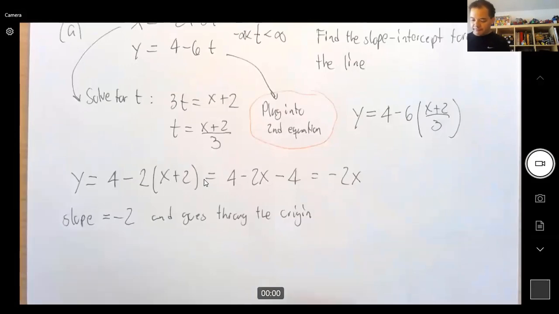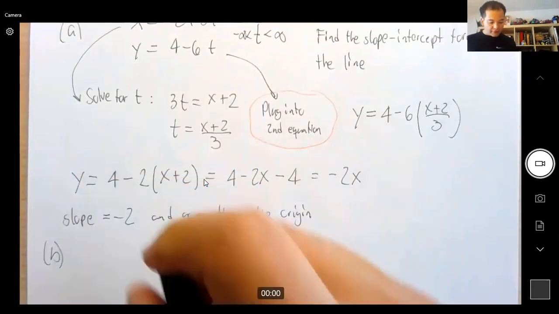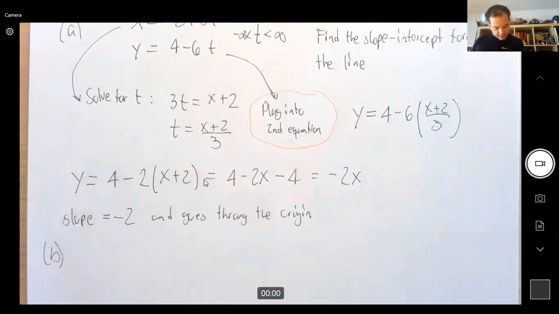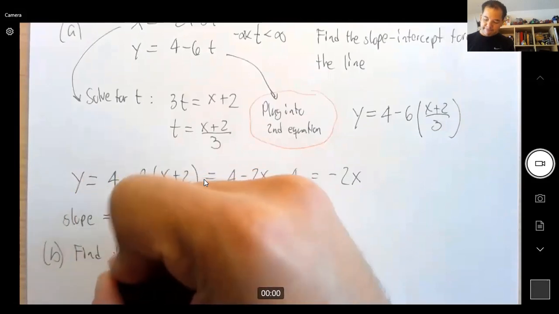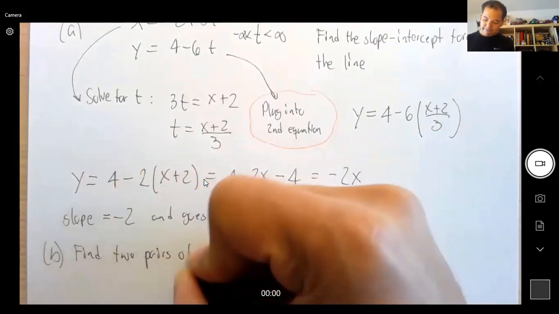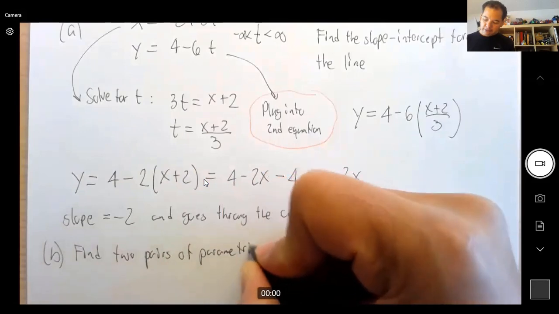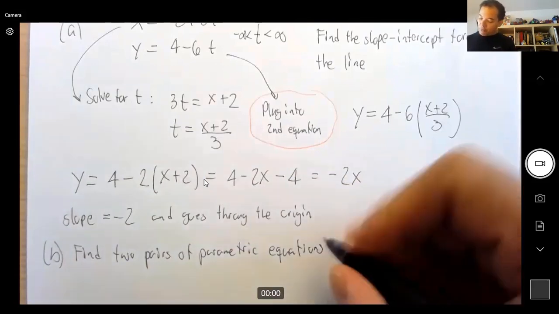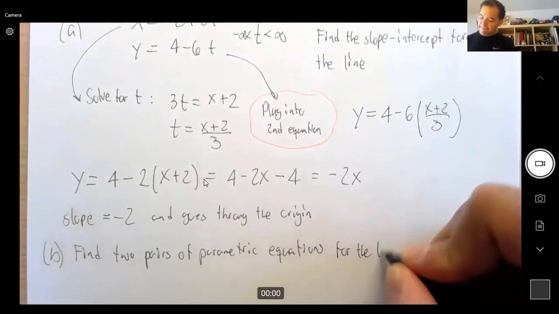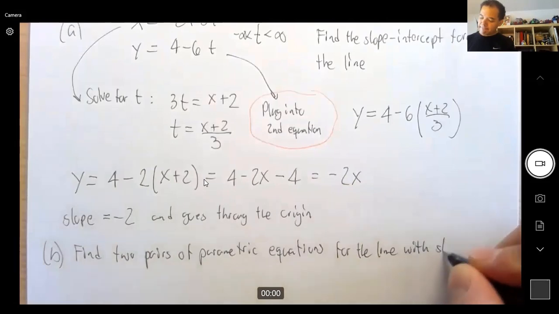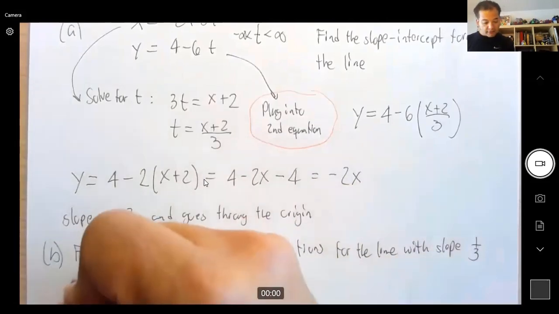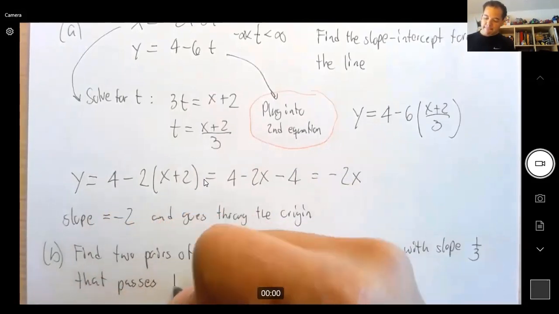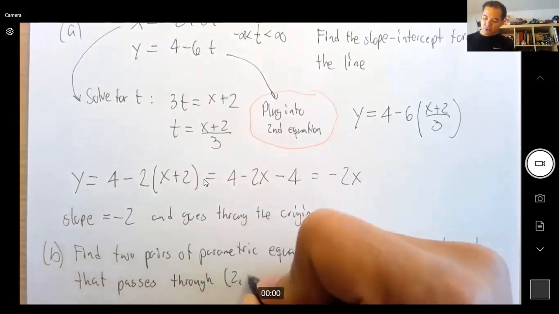Next, part B. It says, find two pairs of parametric equations for the line with slope 1/3 that passes through 2 comma 1.